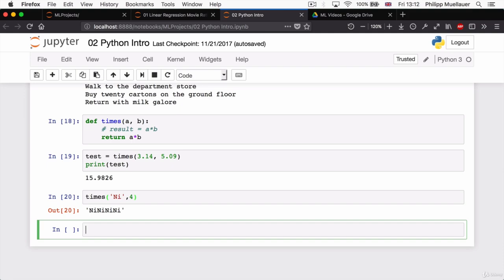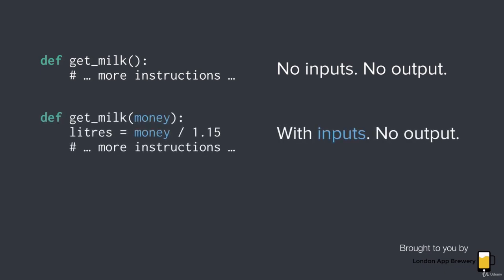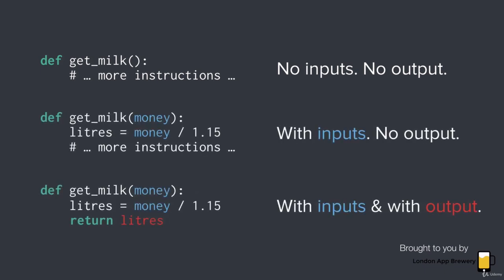Returning to our topic of functions, this is a good time to review and summarize the 3 flavors of functions that we've encountered so far. We've seen functions with no inputs and no outputs. We've seen functions with inputs. And we've seen functions with both outputs and inputs.